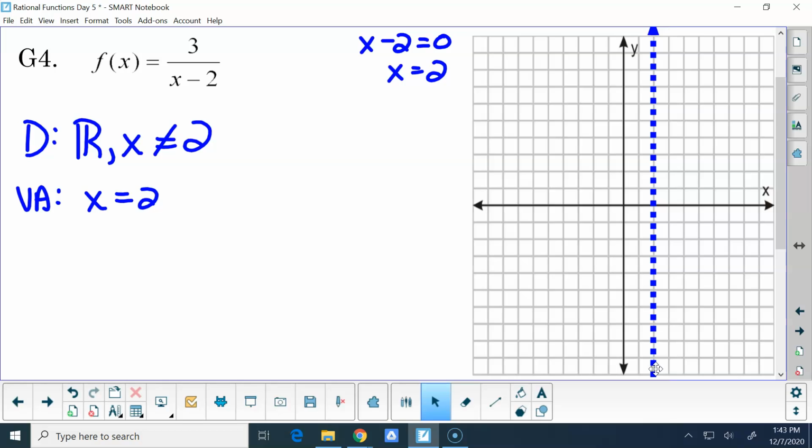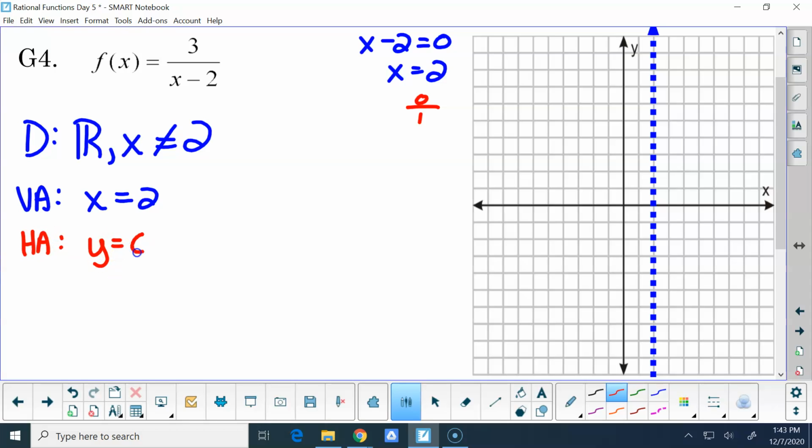Then my horizontal asymptote: the degree on the top is 0, the degree on the bottom is 1. So that is a small over big case, so my horizontal asymptote is y equals 0.